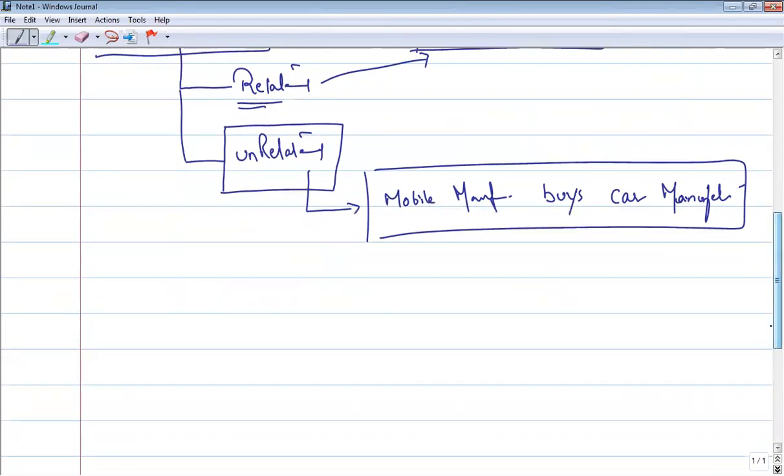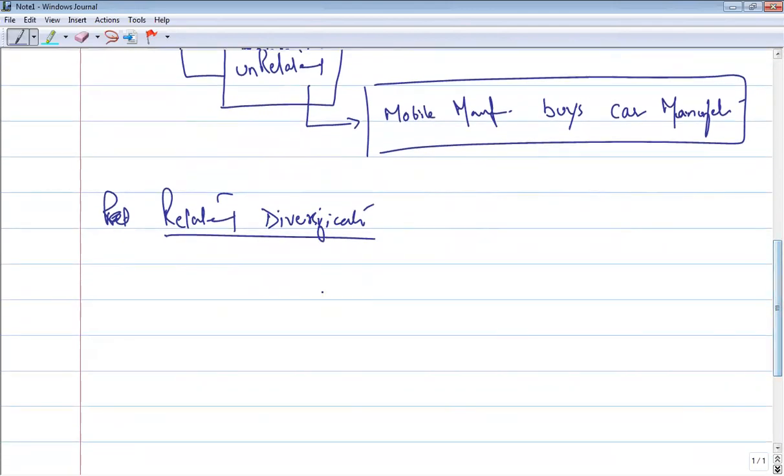Now, when we talk about related diversification, there are further two categories of this type of diversification: vertical and horizontal.